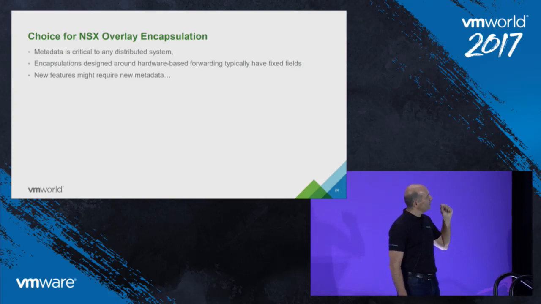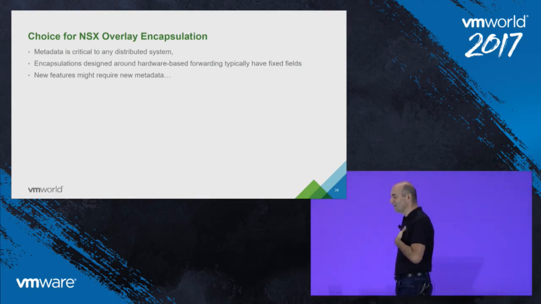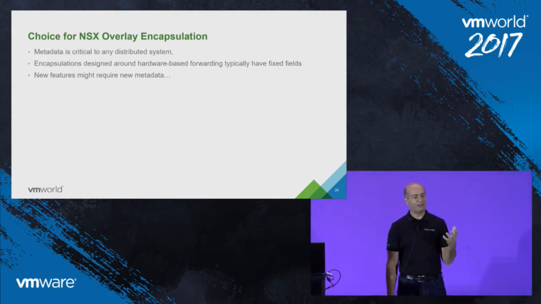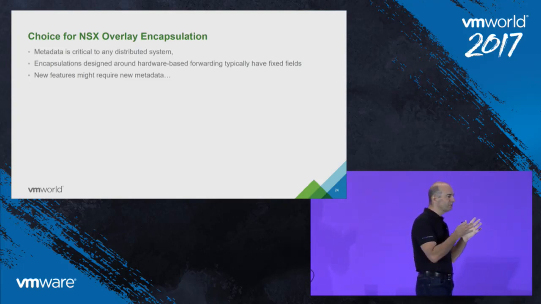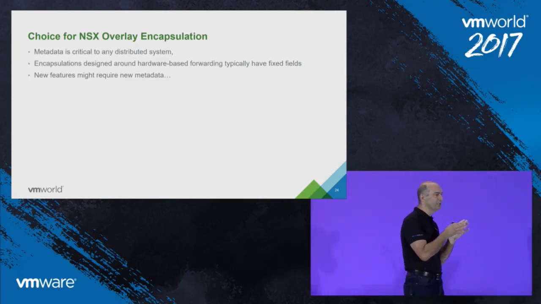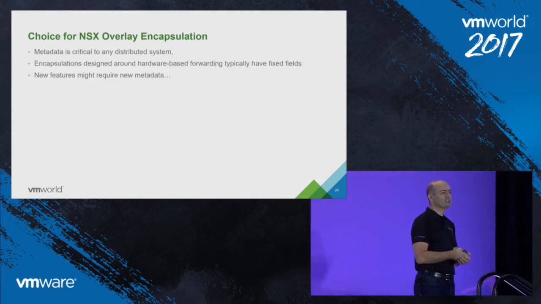And typically, as a hardware guy from my time in Cisco, when you have an overlay encapsulation, you want something that is very fixed, very deterministic, because all this is going to be implemented in hardware. You want all the fields of this encapsulation to be known ahead of time so that I can build my ASICs to do something with this encapsulation.